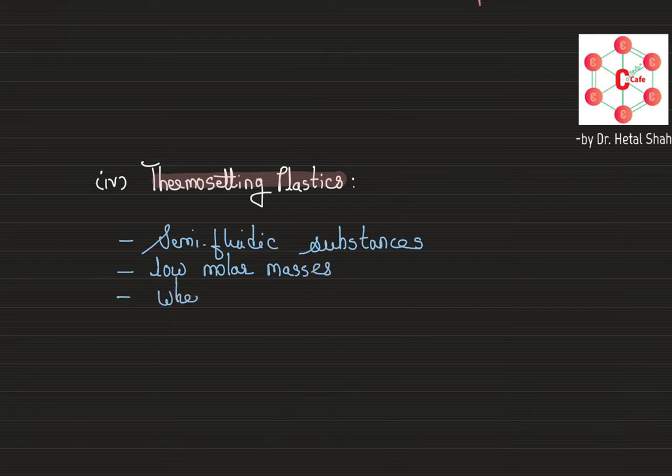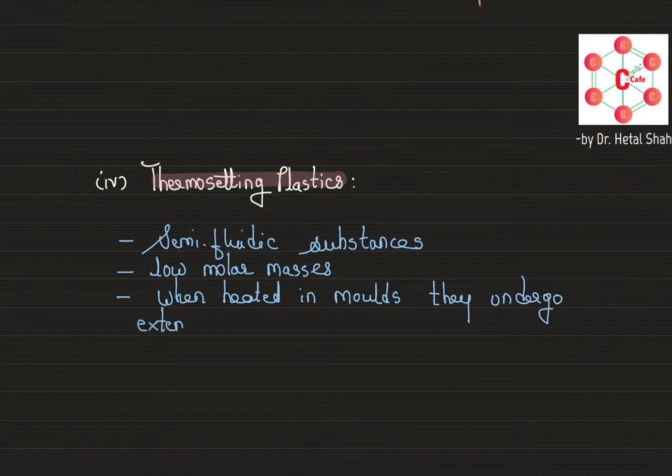When heated in molds, see, molds are generally used for making different things and different plastic things with different shapes, etc. So when heated in molds, they undergo extensive cross-linking. So these polymers are also called cross-linked polymers, right?